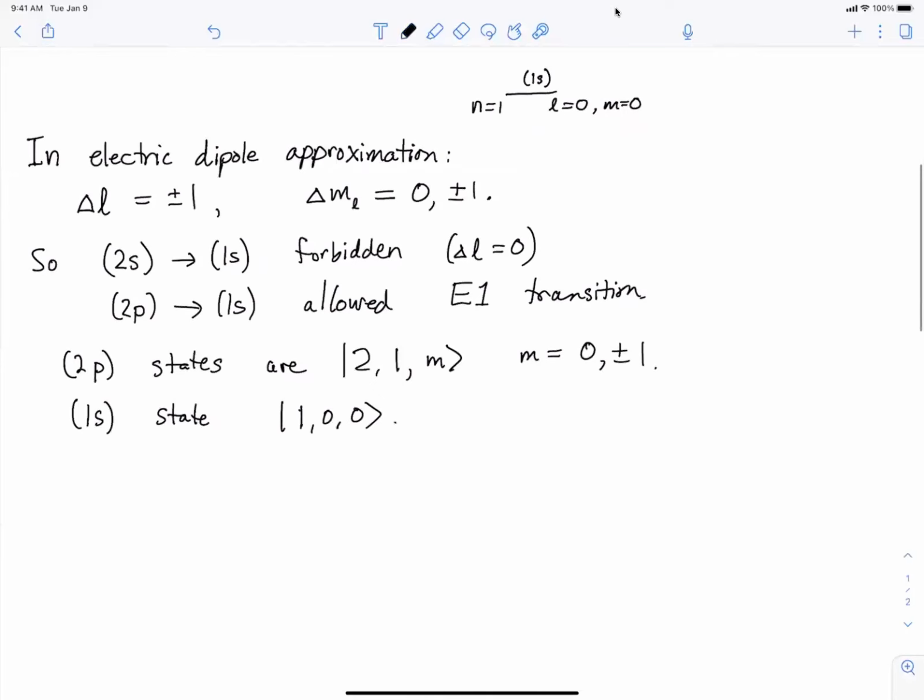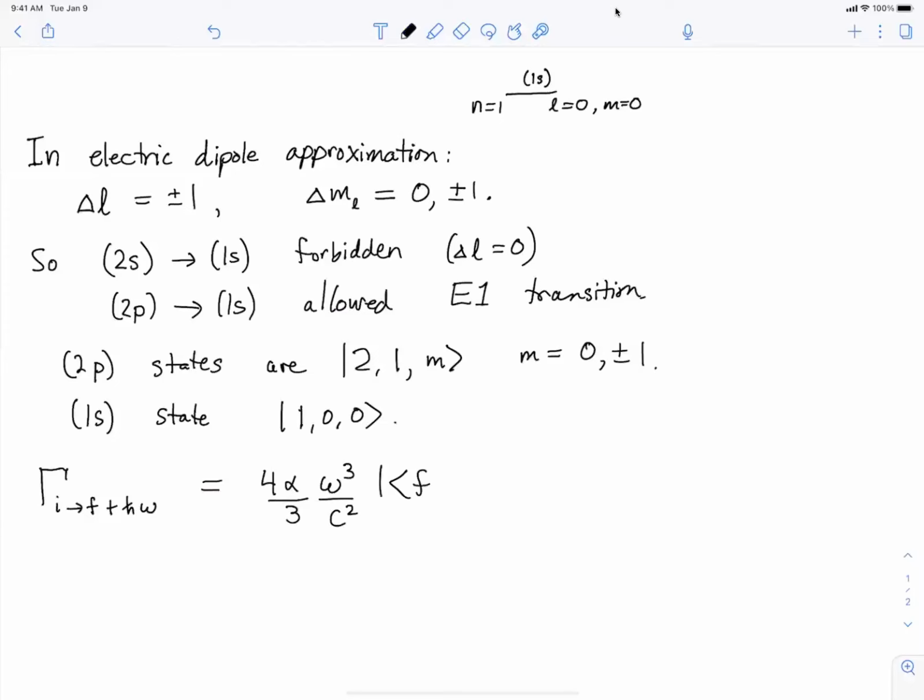And then the relevant formula for the transition in the electric dipole approximation when we emit 1 photon was fortunately relatively simple. It was 4 times the fine structure constant over 3, omega cubed over speed of light squared.